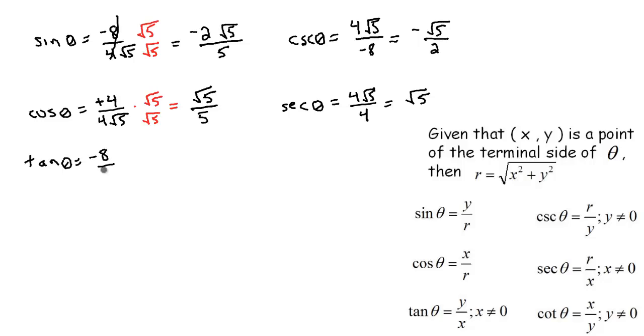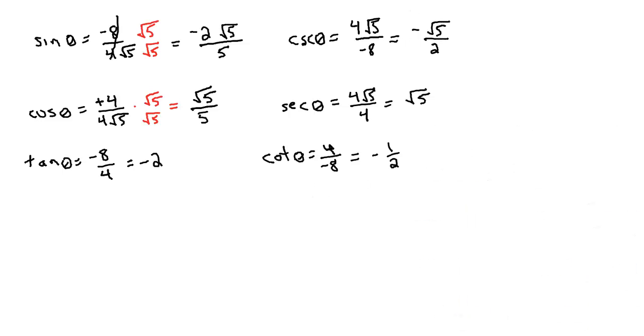So negative 8 over our x, which is 4. This one's a little bit easier, so we don't have to work with a radical. Negative 8 divided by 4 is negative 2, so that's tangent of theta. And then cotangent is the reciprocal function, so we do x over y. So x was a positive 4 divided by our y, which was a negative 8. That's going to be negative 1/2, and that's the value of cotangent of theta.